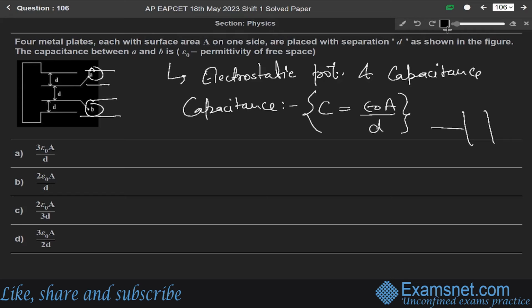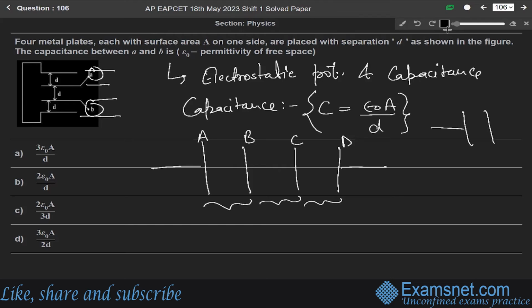So these four parallel plates will make three capacitances. If we draw it like this, 1, 2, 3, 4, let us say this is A, B, C, and D. So these four plates are making three capacitances, 1, 2, and 3.